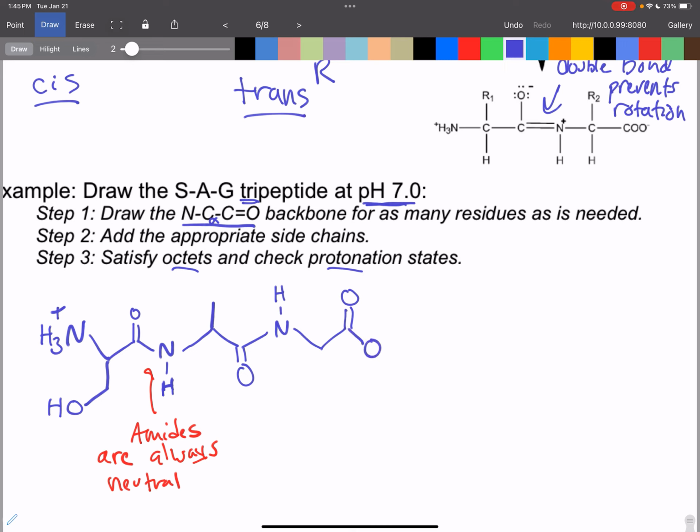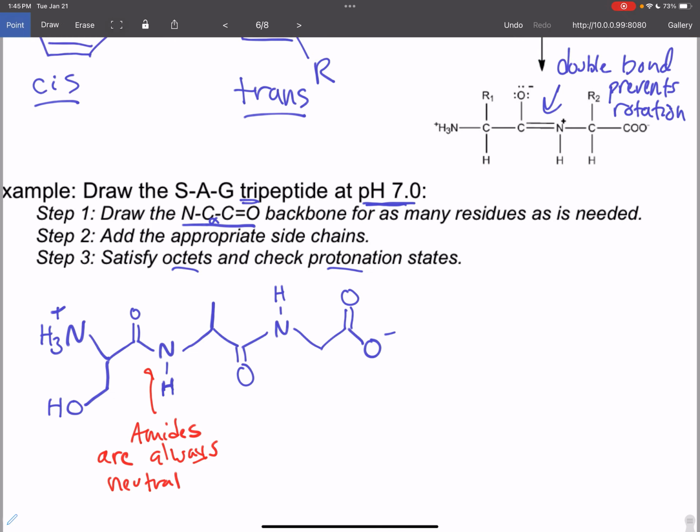So that's a carboxylate group, and at pH 7, it's going to carry a negative charge like that. So the only charges in this example are from the N terminus and the C terminus. And of course, that's going to have an overall neutral charge because the side chains are not ionizable. Glycine, alanine, and serine do not ever take on charges regardless of what the pH is.